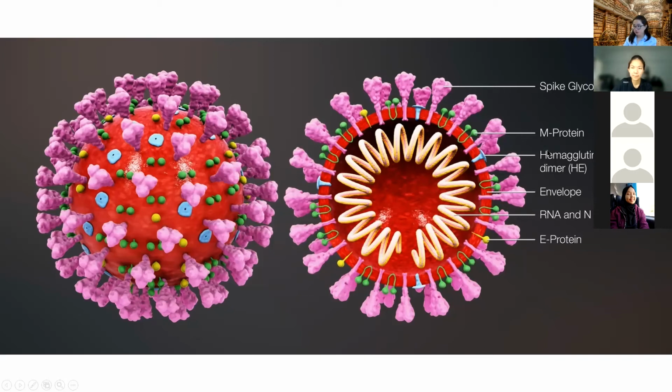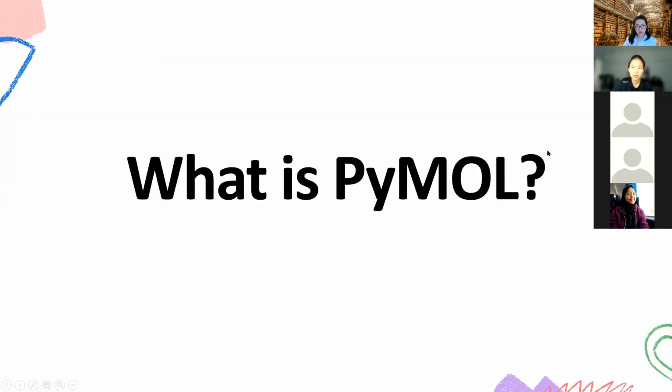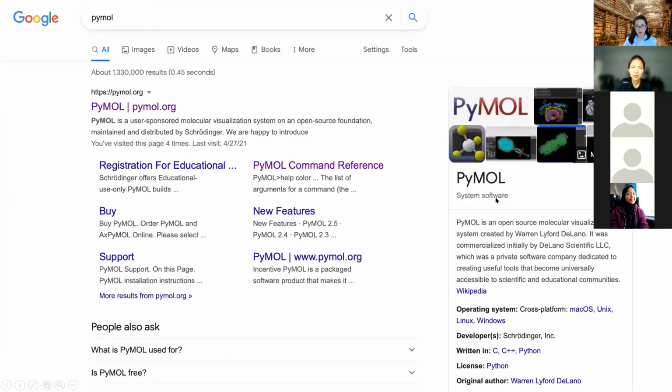We will download the structure of spike protein, and then we will use PyMOL to visualize it. So PyMOL is written by Warren DeLano, but he passed away quite a while ago, and it's continued by the Schrödinger company to write and maintain the PyMOL platform.